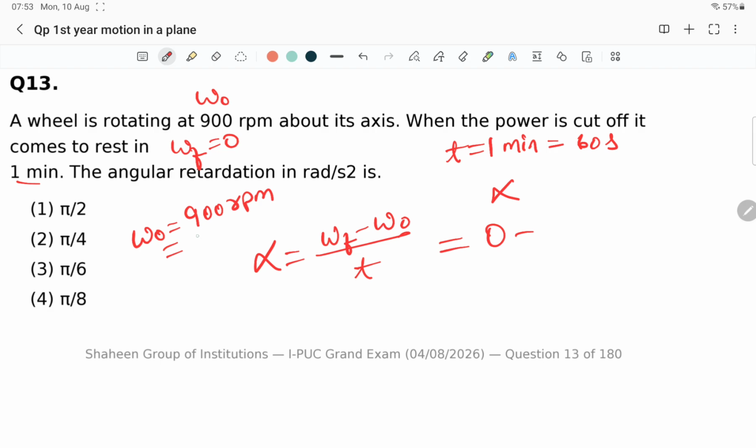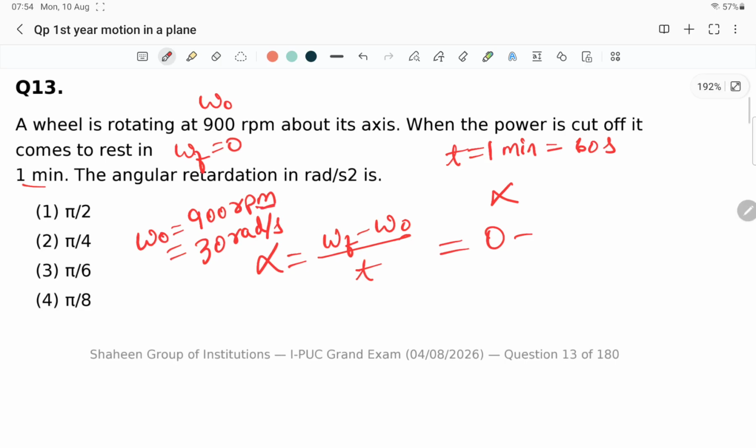RPM, remember, should be converted to radians per second, so you need to divide by 60 for per minute. 900 divided by 60, you need to do it.